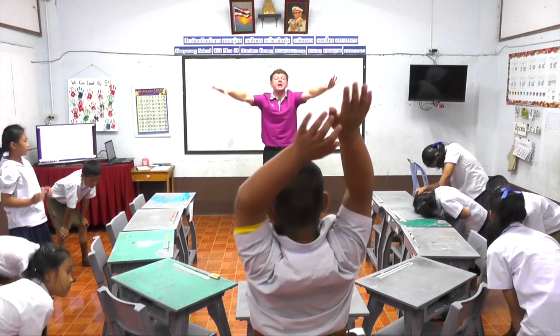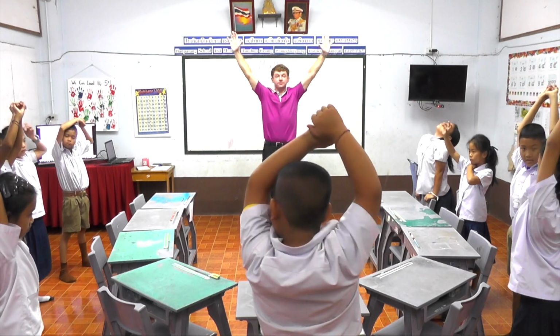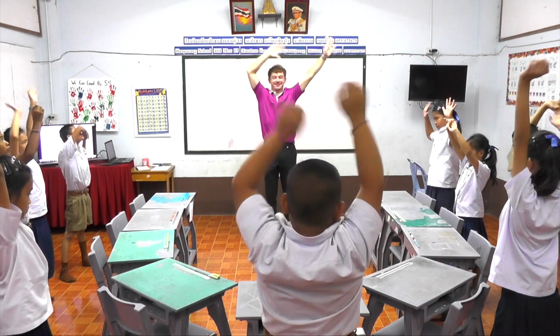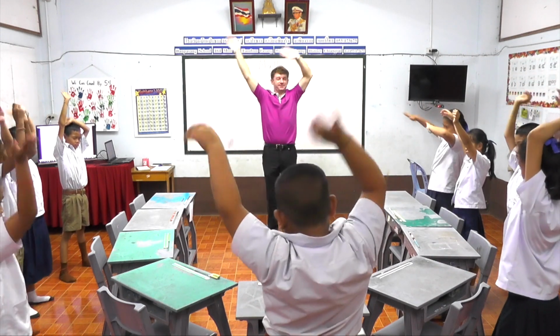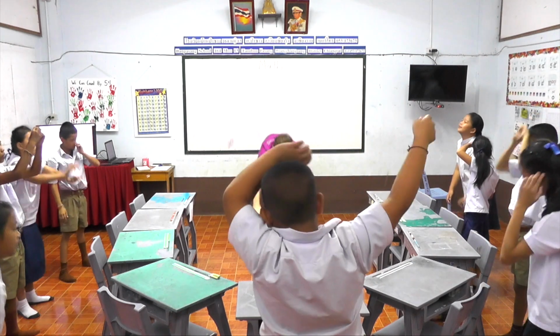Now, let's go back up high, guys. And this time, can we go tippy toe high? And when we're there, let's have a wave. Excellent. And then back down to touch our toes again, guys.